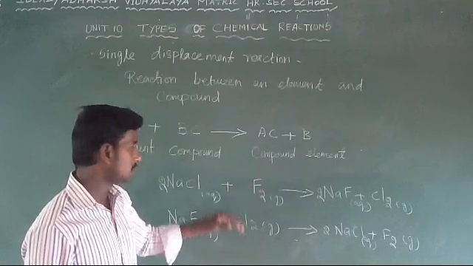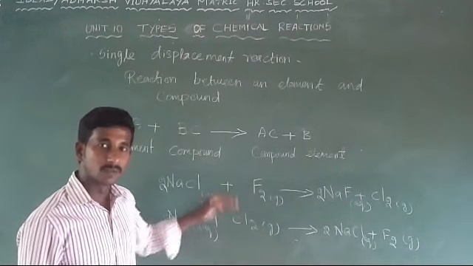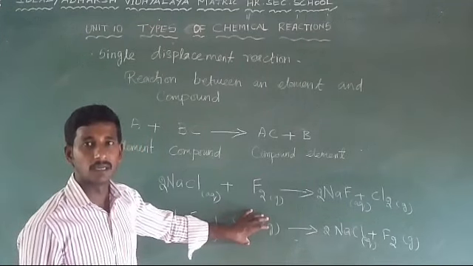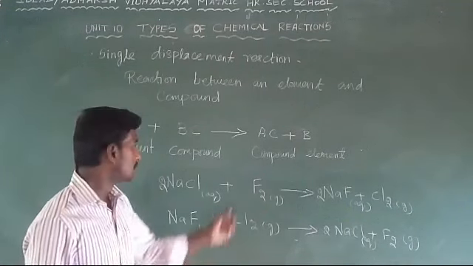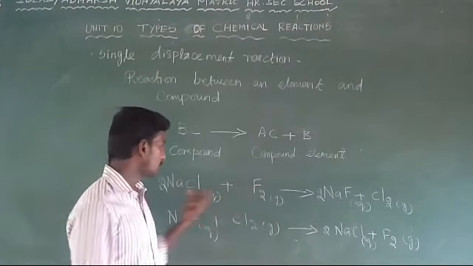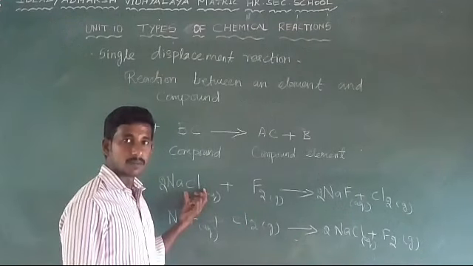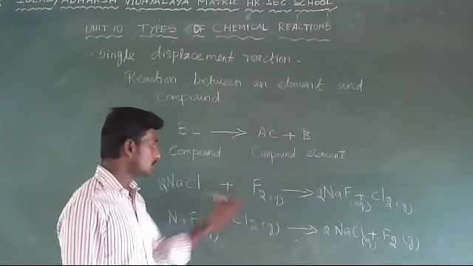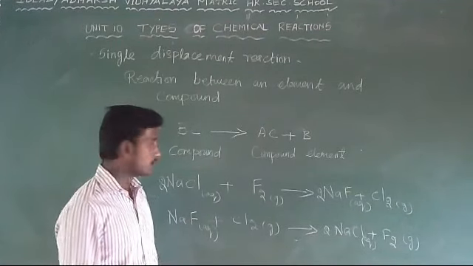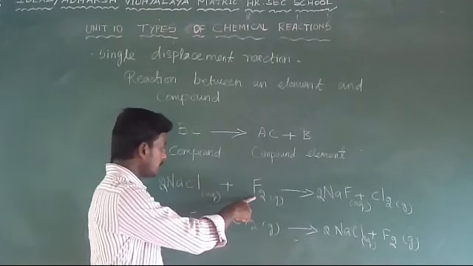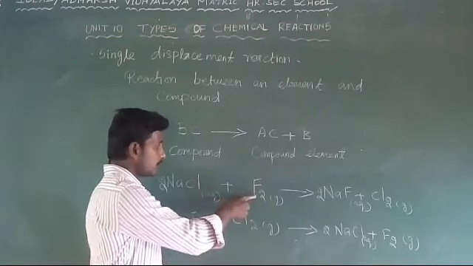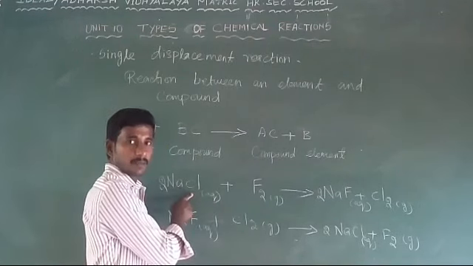Out of these two reactions, the second equation will not occur because fluorine is more active than chlorine. As I already told you, a more reactive element displaces a less reactive element from its solution. So fluorine displaces chlorine from sodium chloride because fluorine is more reactive than chlorine.